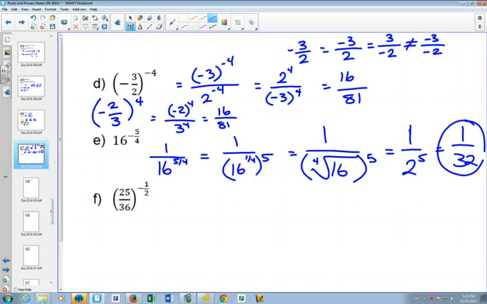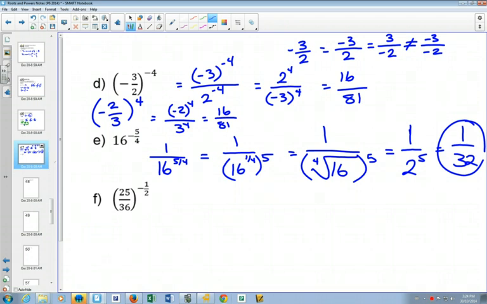Okay. So we are using all of the things we learned in this question. The negative 5 over 4 means that you write it on the bottom with a positive 5 over 4. Okay? 5 over 4 is same as 1/4 to the 5, which is what we did the other day. Whenever we have quarters, those are the same as 4th roots.